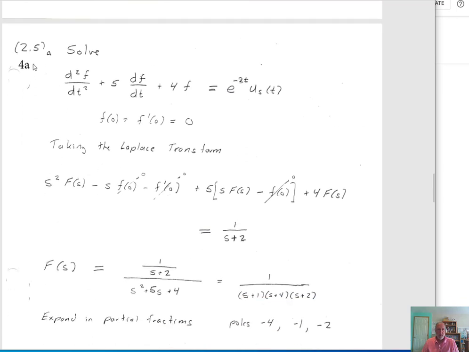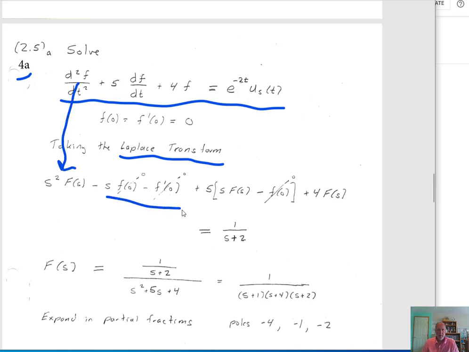Okay, for a, you're solving this differential equation. So you simply take the Laplace of both sides. So the second derivative turns into an s squared plus the initial condition terms. The first derivative turns into an s times f of s, plus initial condition terms.